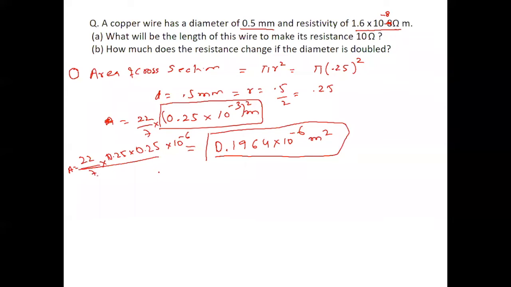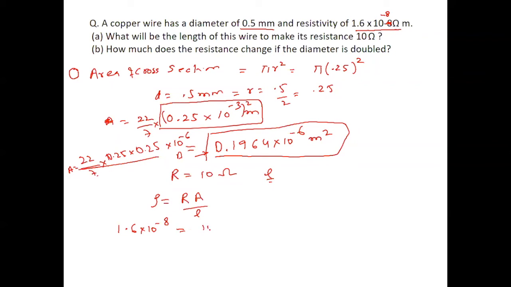And what is next? Resistance, we know that 10 ohm. Area we know, this is the area, and then how much the length? Length we have to calculate. So rho equal to R A by L, and rho is how much? 1.6 × 10^-8.